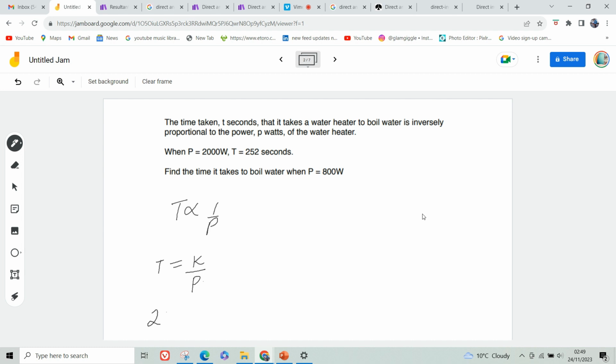So 252 equals K over 2000. Simply you need to rearrange the equation and find the value of K. So what you will get? You will get K as 504,000.